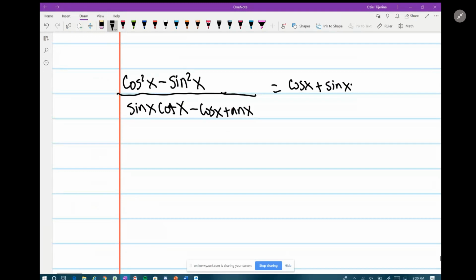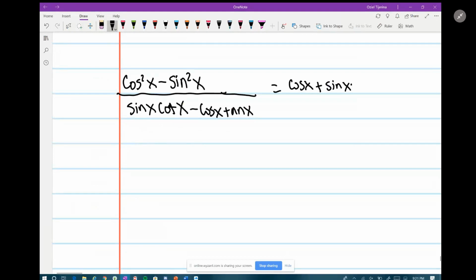We know that cosine squared of x minus sine squared of x is equal to cosine of 2x. So this is pretty simple.